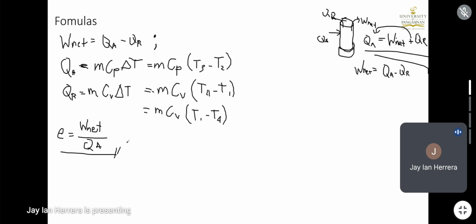And so kung i-analyze natin further ang efficiency formula, meron tayong work net na QA minus QR over QA. So pwede nating ihiwalay si QA over QA and then QR over QA.